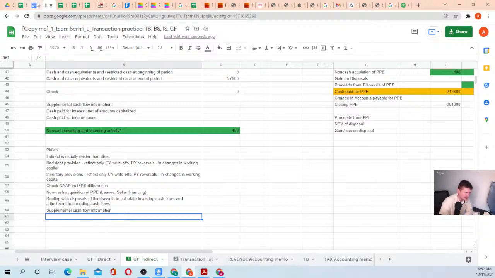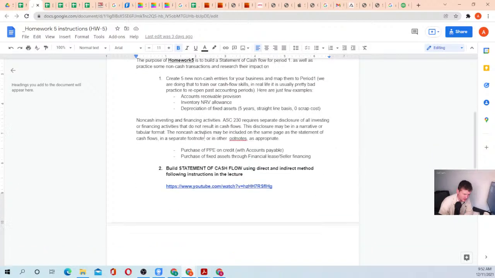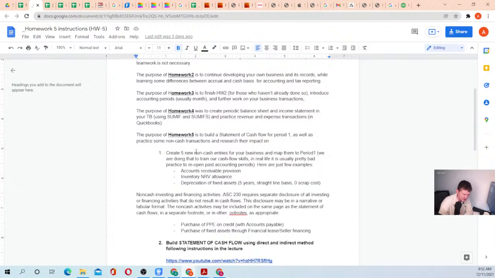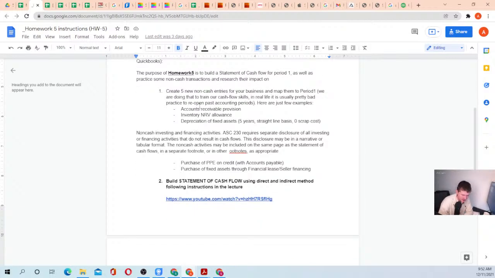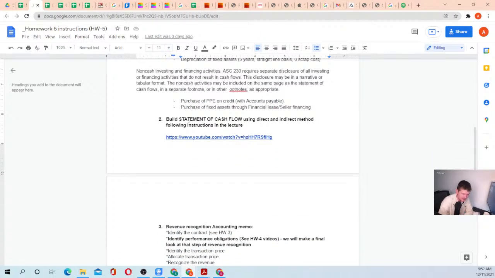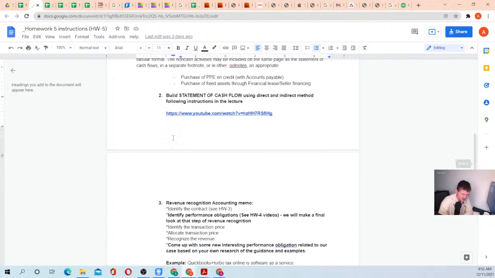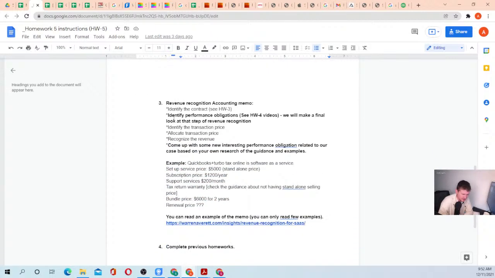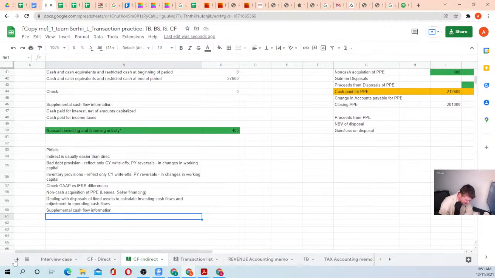Okay, and the last thing related to homework. Our homework 5 was about building cash flow statements, which we have been doing all this week. We reflected these transactions as well in our transaction list. And we still have our revenue recognition accounting memo. I just wanted to conclude on that part.